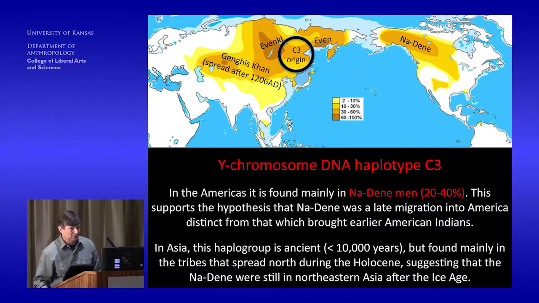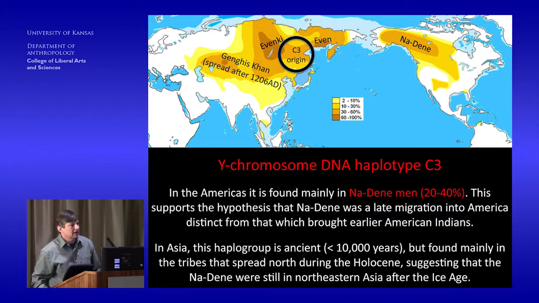You can see that haplogroup here looking like where the Na-Dene language family is located, and that's not a coincidence, I think. Obviously it suggests that this particular group must have been in North Asia at least a little bit longer than the original migrants in order to pick up that C3 haplotype that was moving up from Eastern Asia. That would be the answer to this.